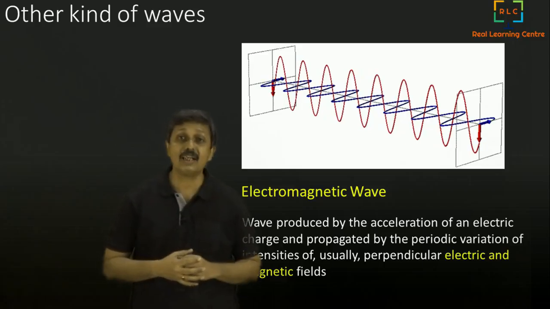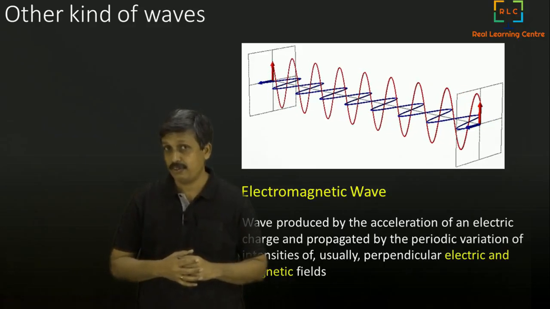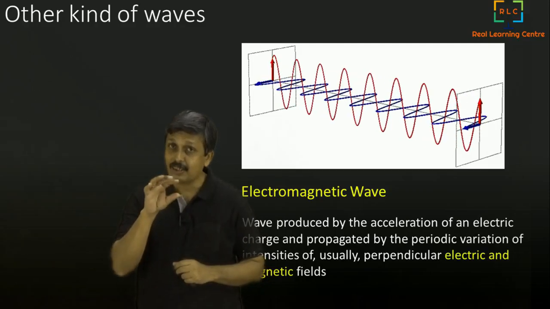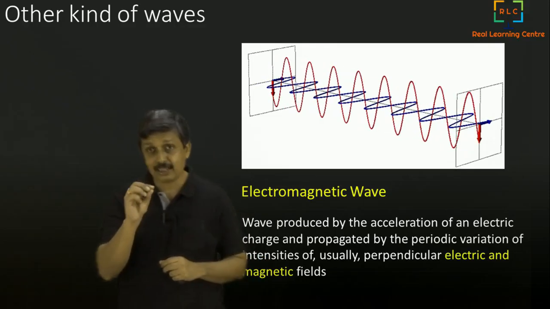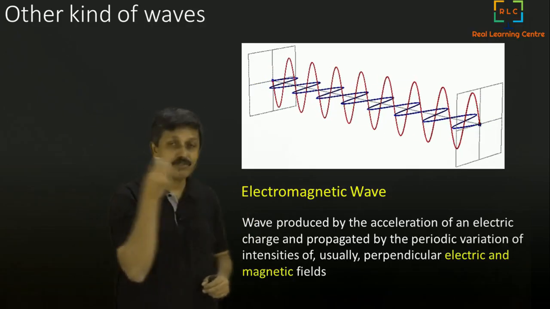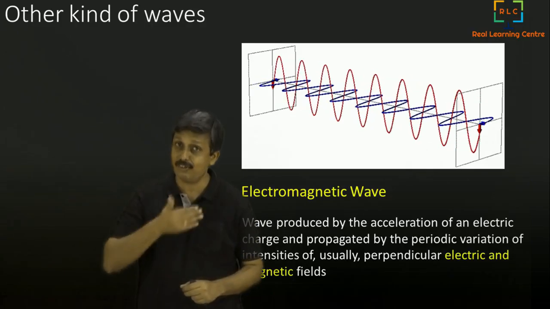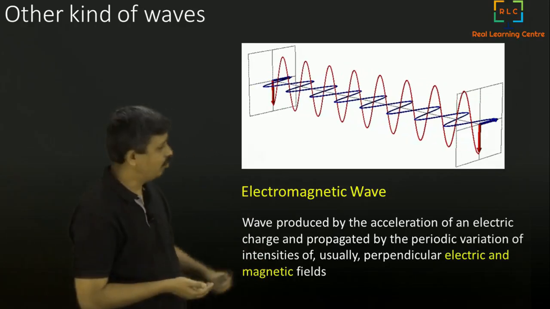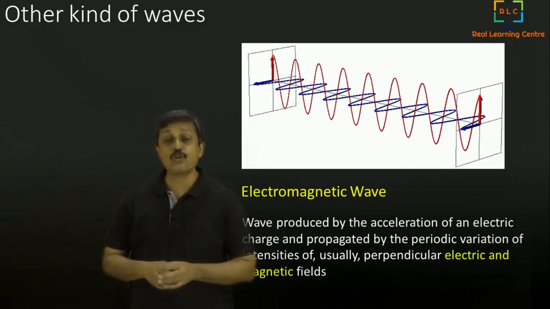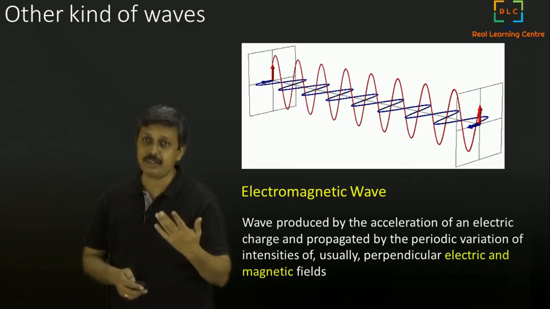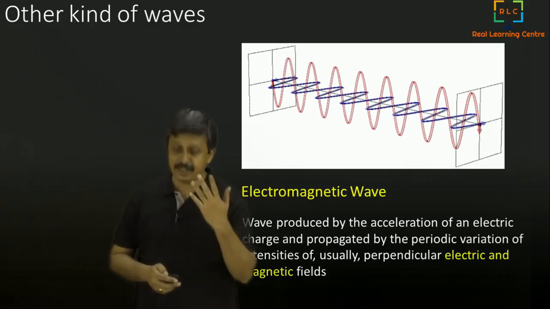That is basically called light or an electromagnetic wave. So there is a disturbance, but not of a mechanical kind; it is the value of certain parameters, the electric field and magnetic field, oscillating and propagating. Such a wave is called an electromagnetic wave. This is not a mechanical wave. Light is an electromagnetic wave, not a mechanical wave.